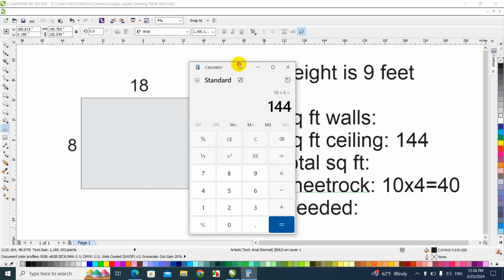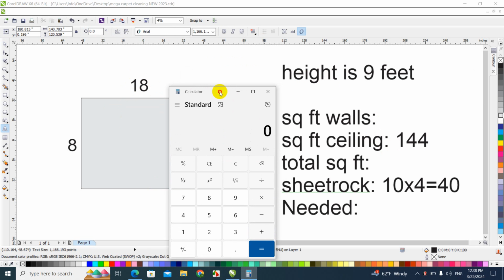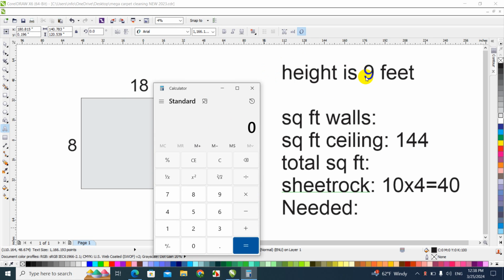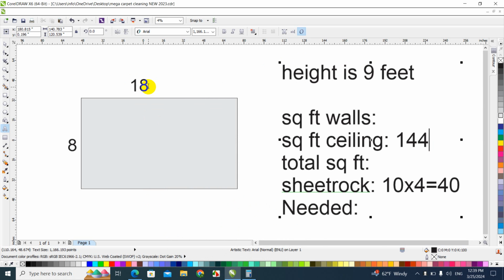Okay, now we gotta get the square footage of the wall. The way you do that is you multiply this very same number by the height of the ceiling, from the floor to the ceiling, which is 9 feet. So we're gonna multiply 18 times 9, 162. We're gonna type this here, because it has to be each wall.